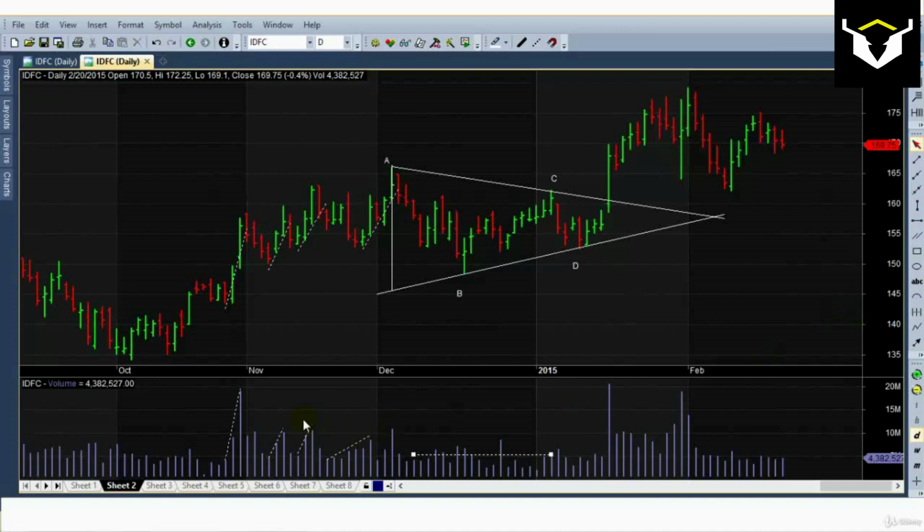You can see here, before prices entered into this triangle, prices suggested that they are willing to go up. Every time prices went upside, volume increased. But once prices entered into this triangle, volume displayed a tendency to increase when prices were falling.